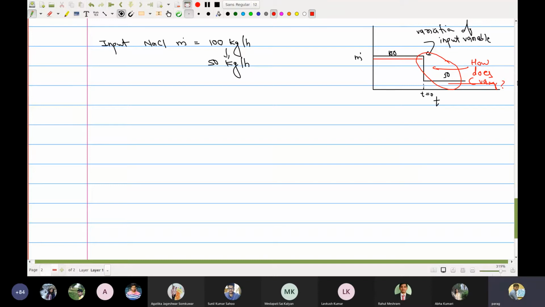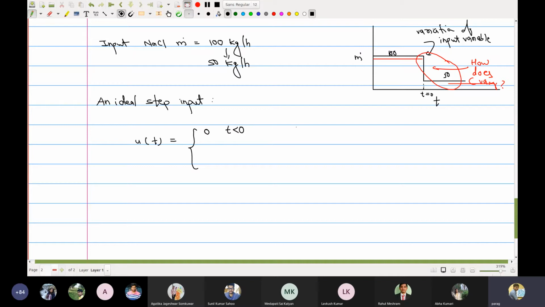Okay, so let's try to understand. In the situation depicted here, this particular forcing function is called an ideal step input, or an ideal step function. Mathematically, how do you write it? You write it as u of t equals 0 for t less than 0.